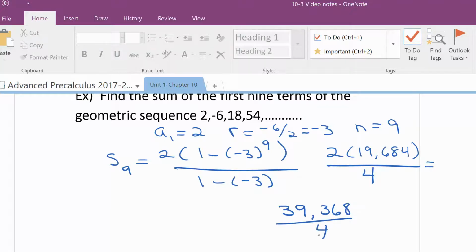So when you divide that by 4, you get 9,842. So that would be the sum of the first 9 terms of the geometric sequence.